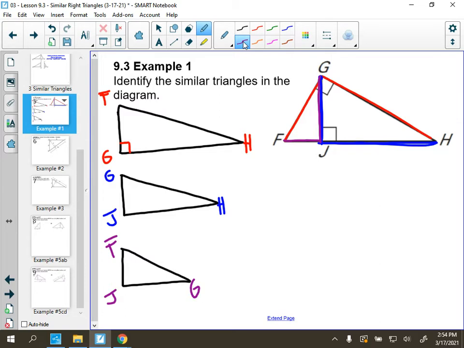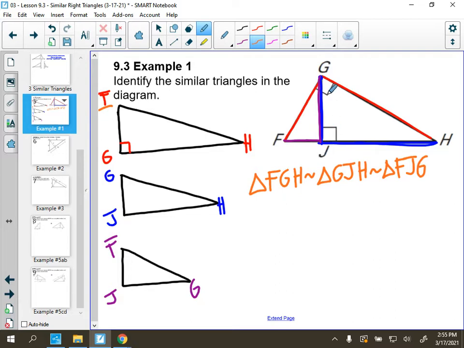With minimal work, I think I turned this into a really simple question of, okay, what are my three similar triangles? Well, let's start at the top here. Triangle, if I can read my own writing, that's an F, F, G, H would have to be similar to triangle GJH, which would also be similar to triangle FJG. So basically I'm just asking you to be careful and make sure as you list these that the vertices all correspond.